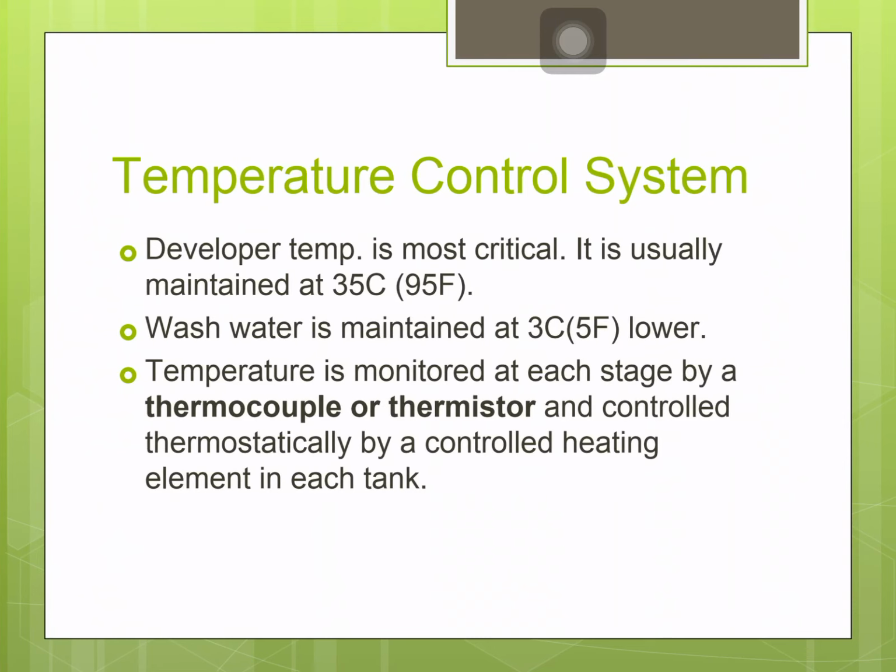So, that's one factor na malamig yung solution ko. Kapag naman mataas yung temperature ng developer, mabilis umitim. Mabilis masunog yung development ng ating manifest image. So, the wash water is maintained at 3 degrees Celsius or 5 degrees Fahrenheit and lower. Okay, so that's the temperature control system.